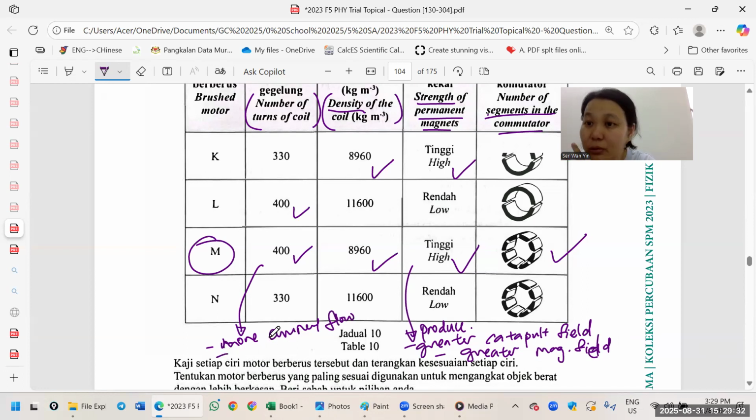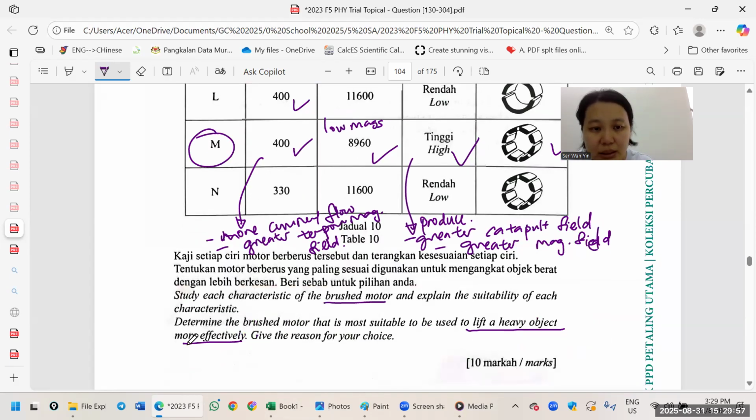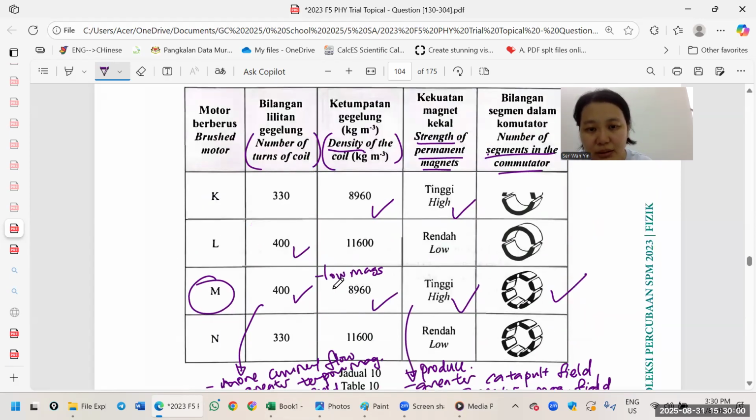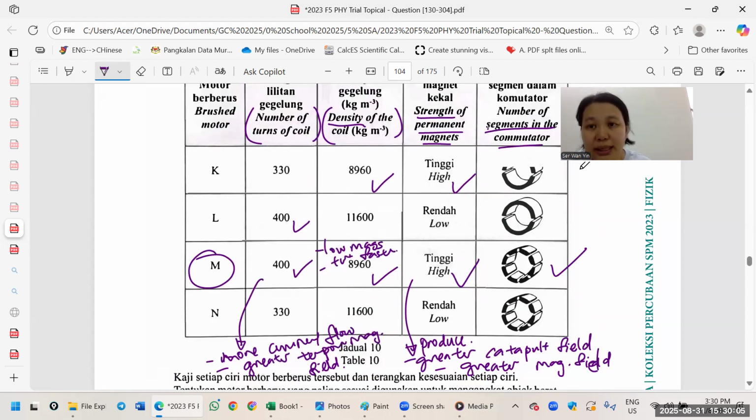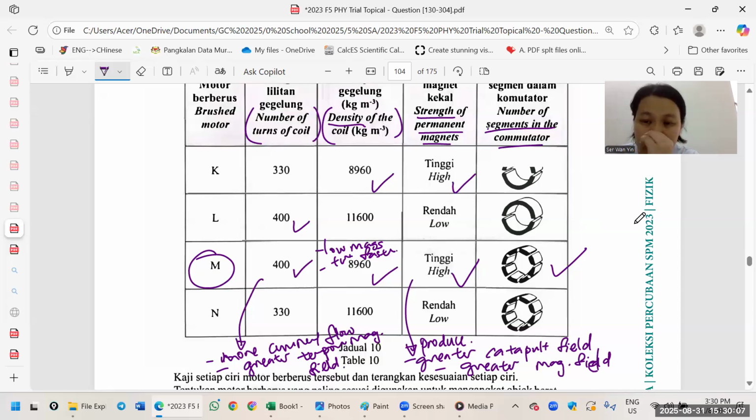More current flows means it will produce a greater temporary magnetic field. Greater electromagnetic field also can. Density, low mass. Turn faster. More segments in the commutator.